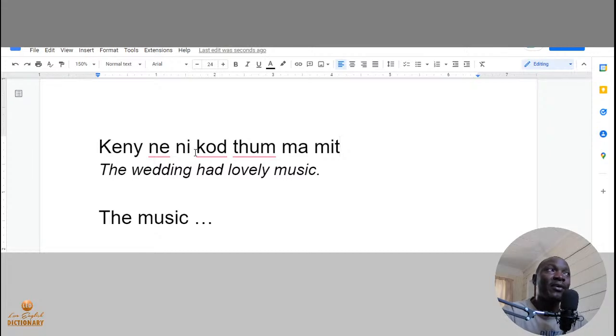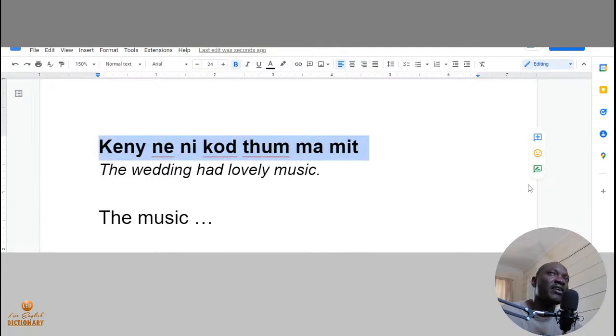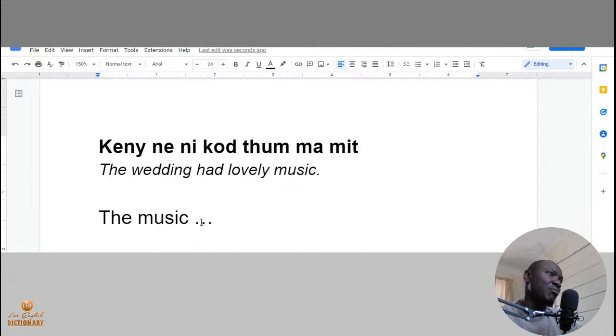That's a better way of saying the wedding. So the wedding had very nice music. Keny ne ni kod thum mamit. The wedding had lovely music.